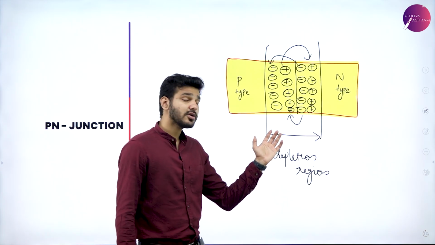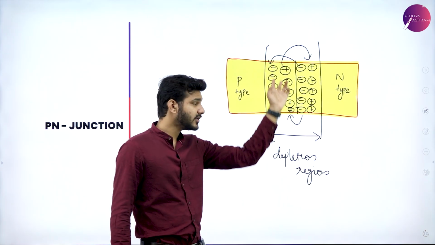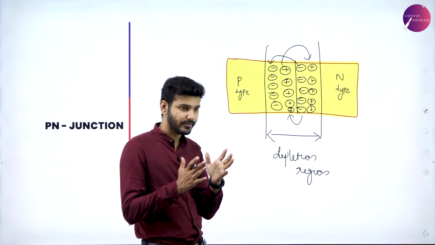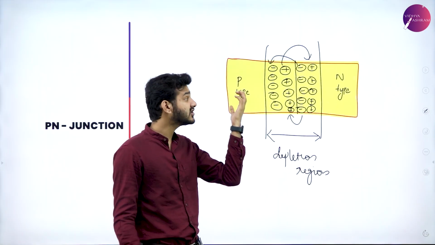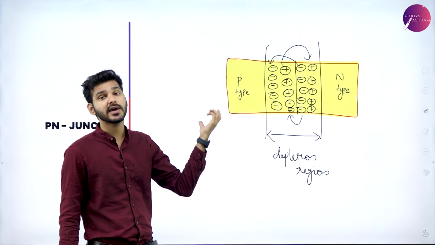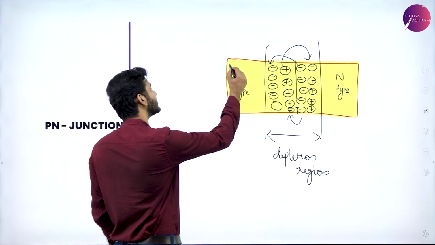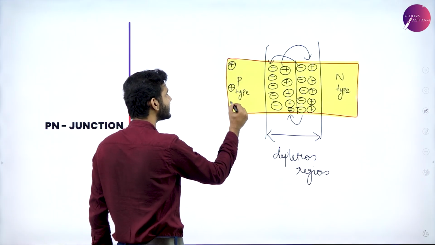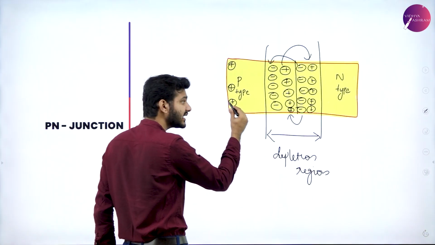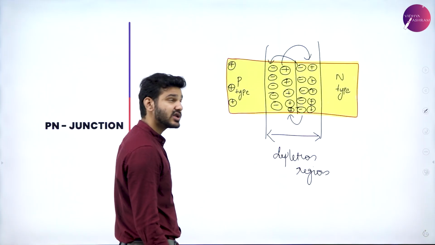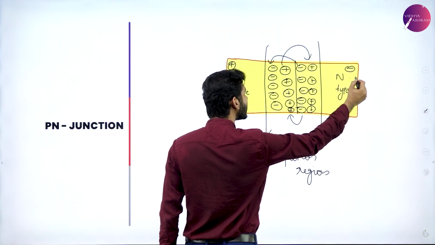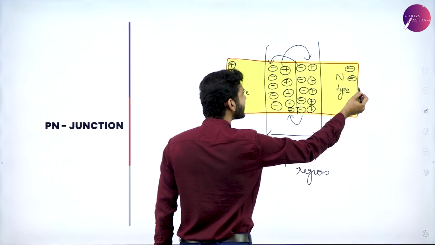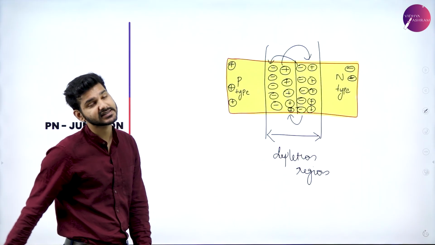Now again, it does not mean that there are only charges in the middle. The middle charges have combined and are forming a barrier which is keeping the rest of the charges at bay. It is not letting the positive charges that are here cross over to the other side. Just like that, here it is also not letting the negative charges cross over to the other side.